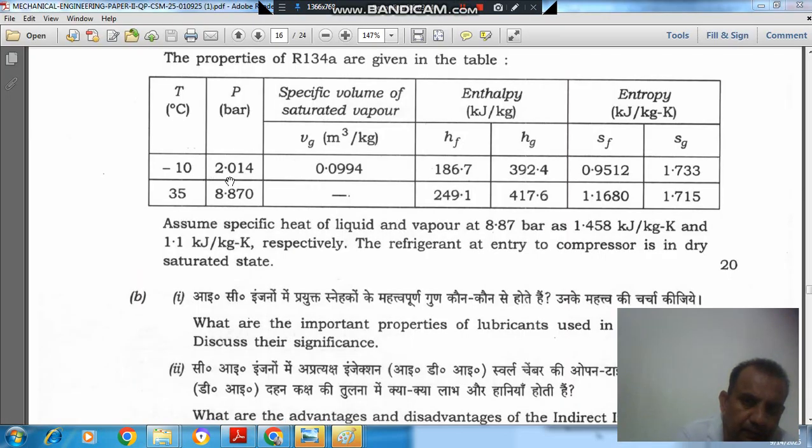This is the table. At minus 10 degrees Celsius, Hg is 392.4, entropy is 1.733, and at 35 degrees Celsius the pressure is 8.870, and at minus 10 the pressure is 2.012. These data we have taken.